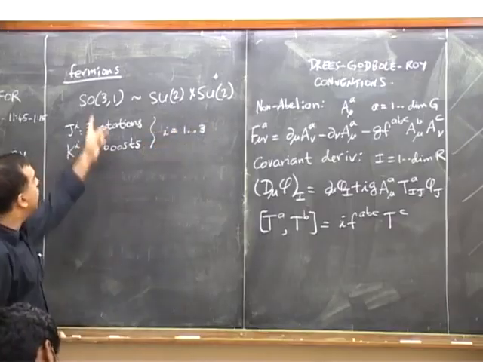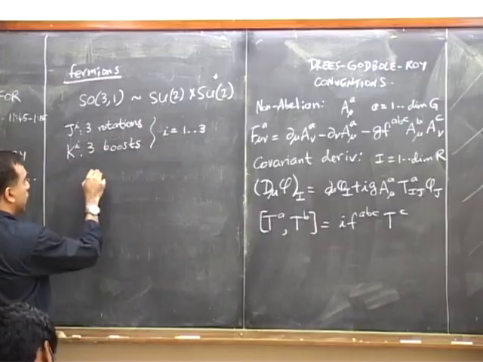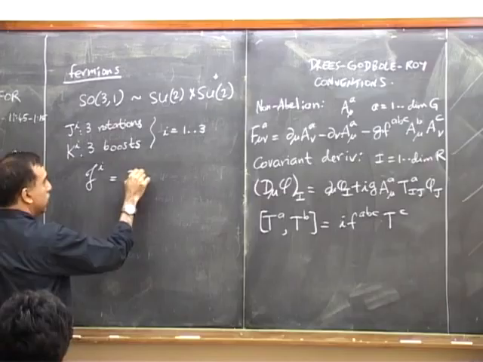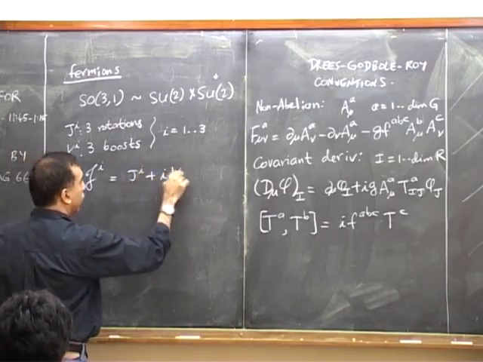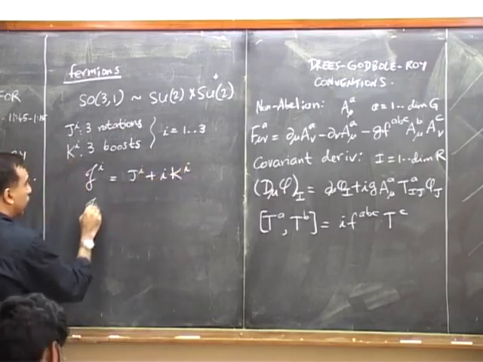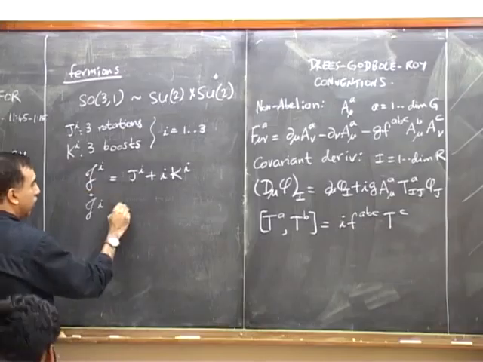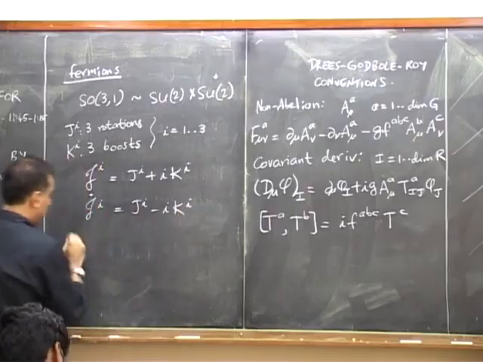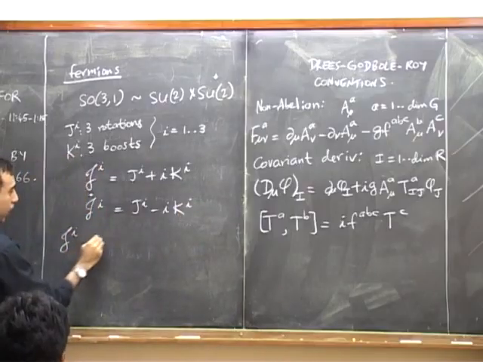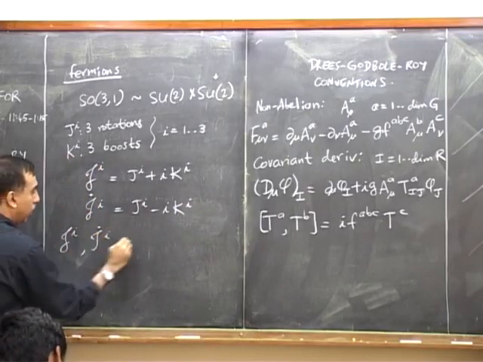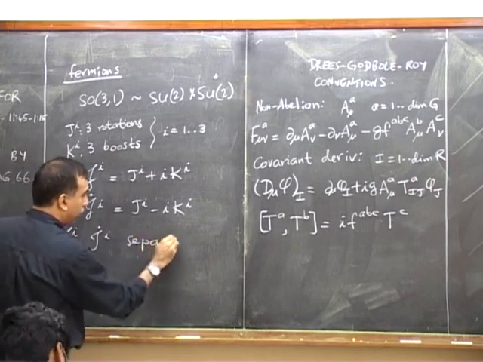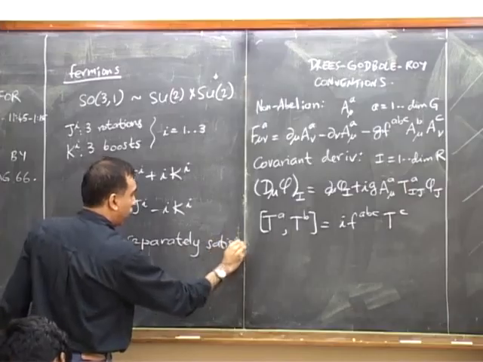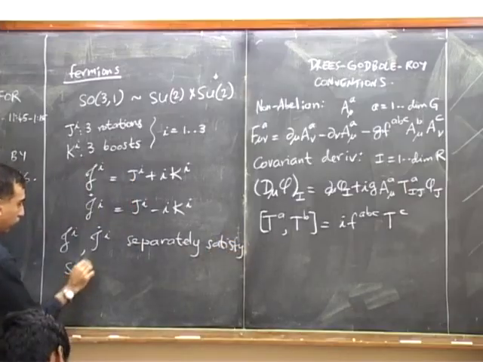Now the coincidence which makes this equal to that is that if I define curly J_i to be J_i plus i K_i, and curly J_i dot to be J_i minus i K_i, then curly J_i and curly J_i dot separately satisfy SU(2).